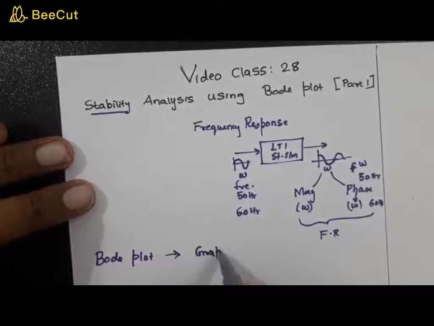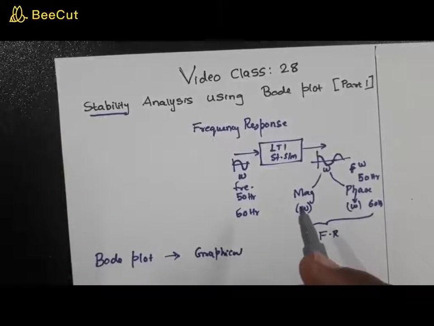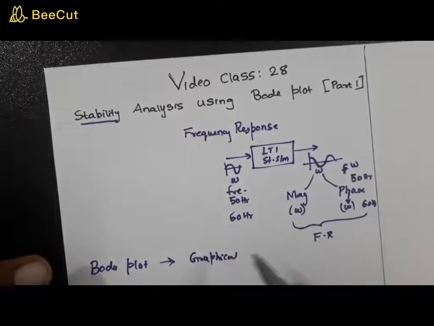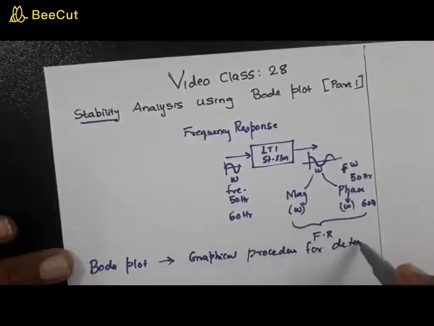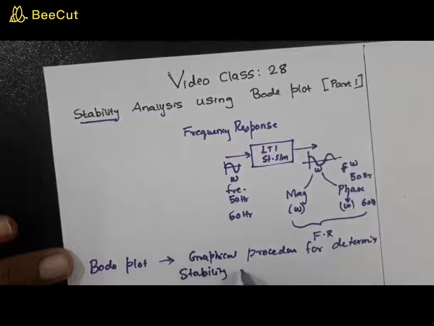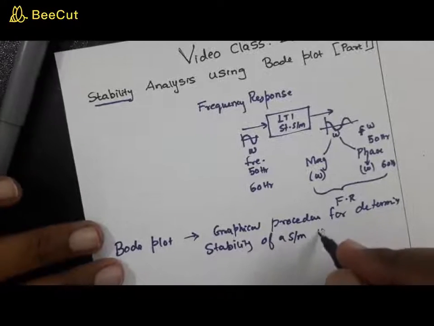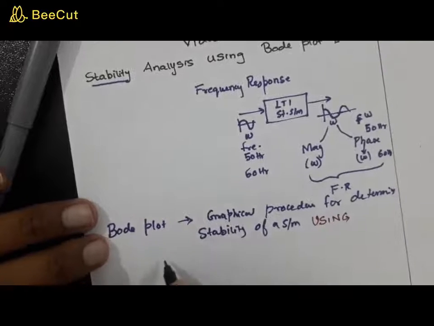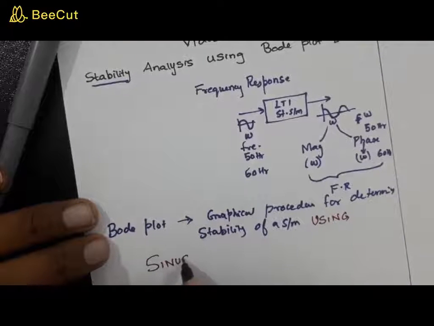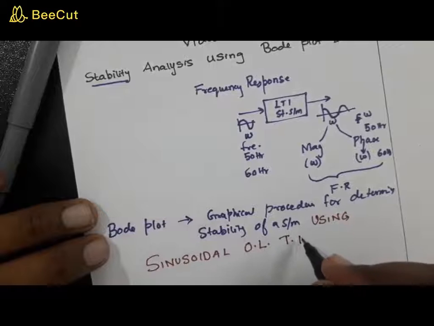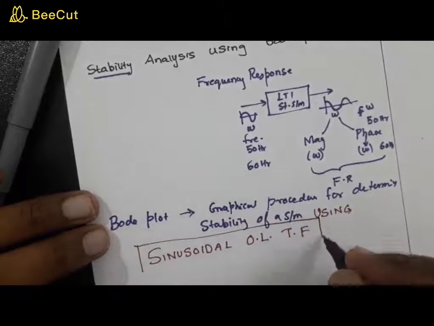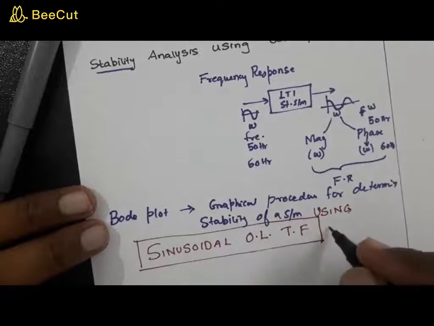This is a graphical procedure for determining the stability of a system using, and this is very important, the sinusoidal open loop transfer function of a closed loop system.